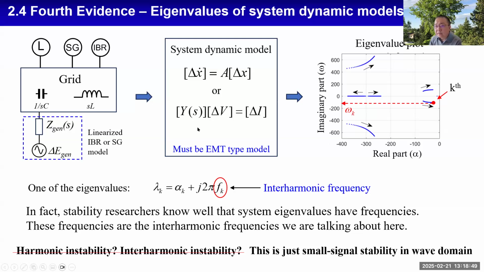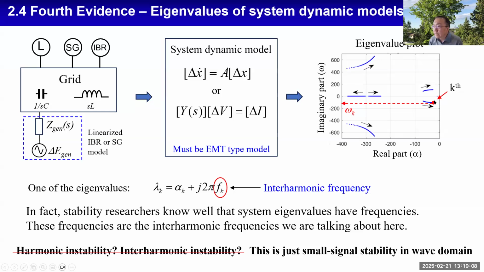This model is widely used in power electronics and also used for subsynchronous resonance analysis, because the frequency is so different from 60 Hertz. So this has to be taken into account. Now for this model, you can find an eigenvalue.